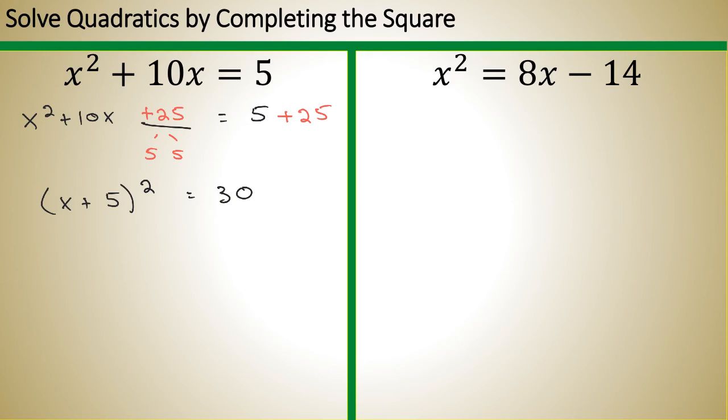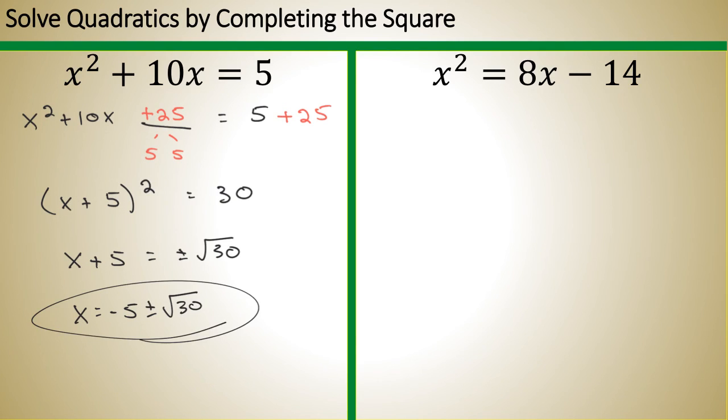Take the square root of both sides, so x plus 5 is equal to plus or minus root 30. And then subtract 5 from both sides, and we get x is equal to negative 5 plus or minus root 30. And that's it. I could also write it as negative 5 plus root 30 and negative 5 minus root 30.